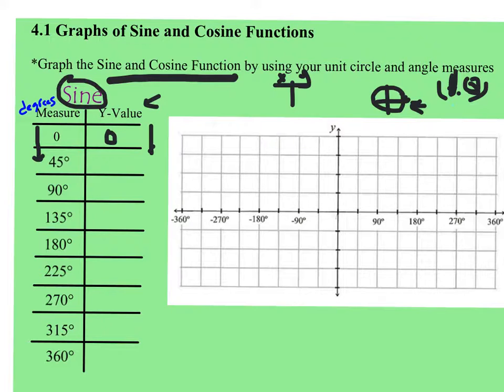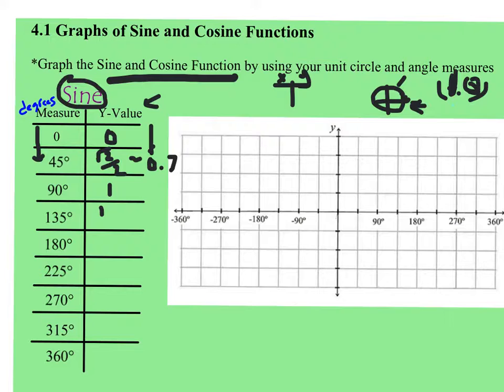When you have 45 degrees, you're going to have the square root of 2 over 2 as the value for the sine of 45. Square root of 2 over 2 is also about 0.707. We went through that the other day, so that'll come into play later. And when you go up to 90 degrees, the sine of 90 is 1.